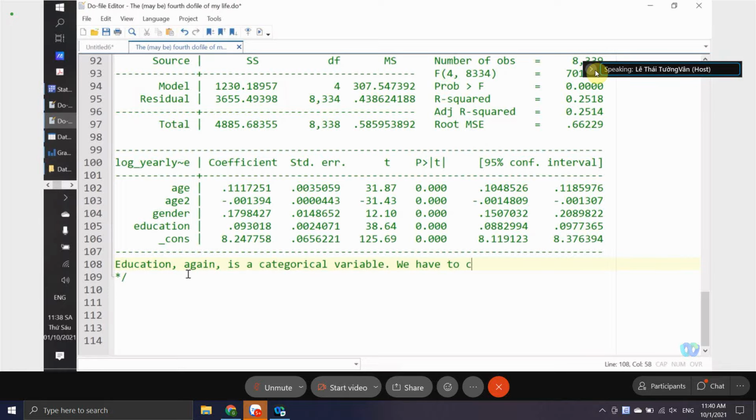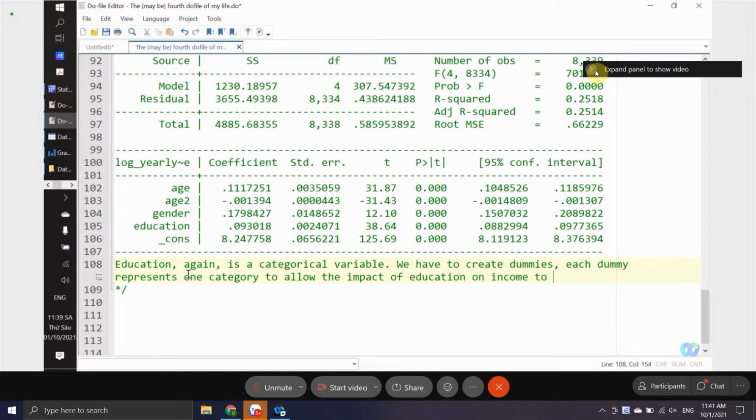We have to create dummies, and each dummy represents one category, to allow the impact of education on income to vary across categories, right?